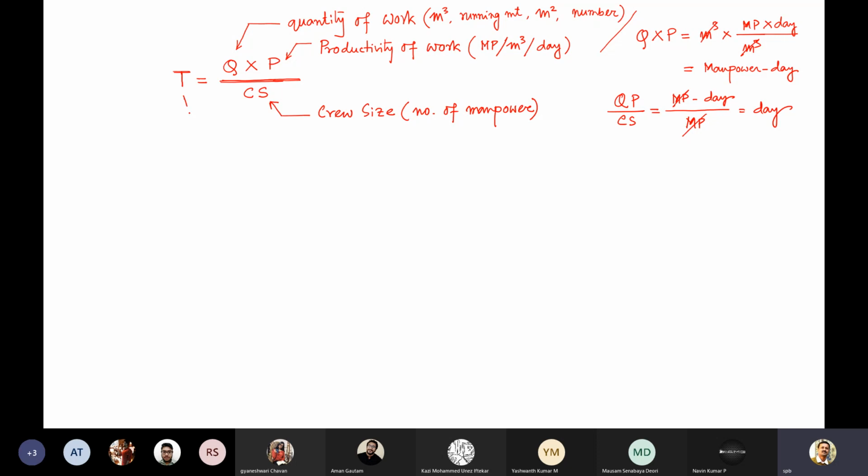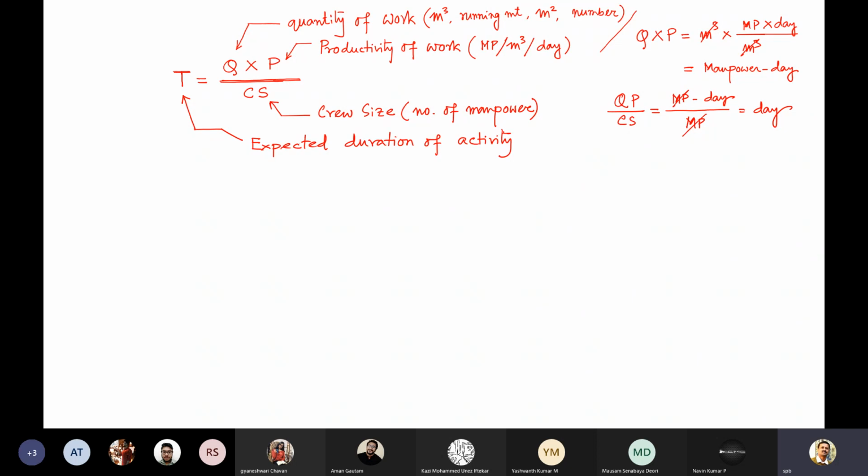Okay, so this T is the expected duration of activity, of course with reference to the productivity and the Q size.